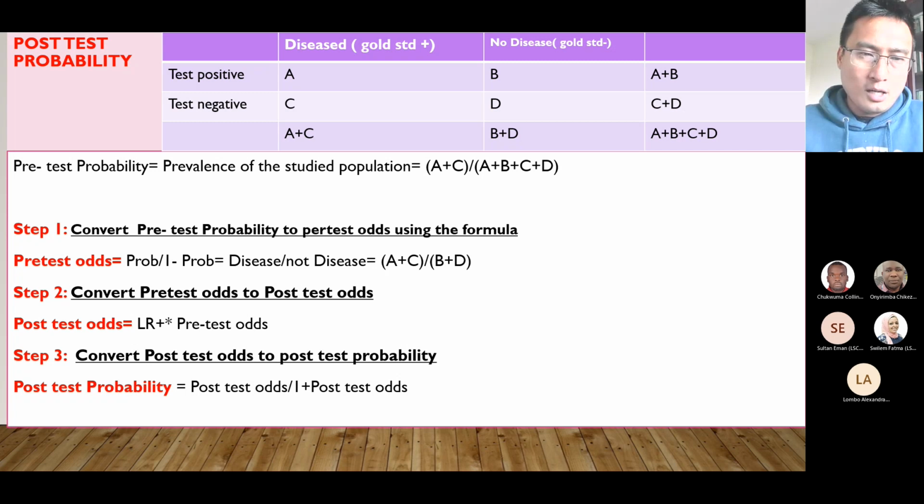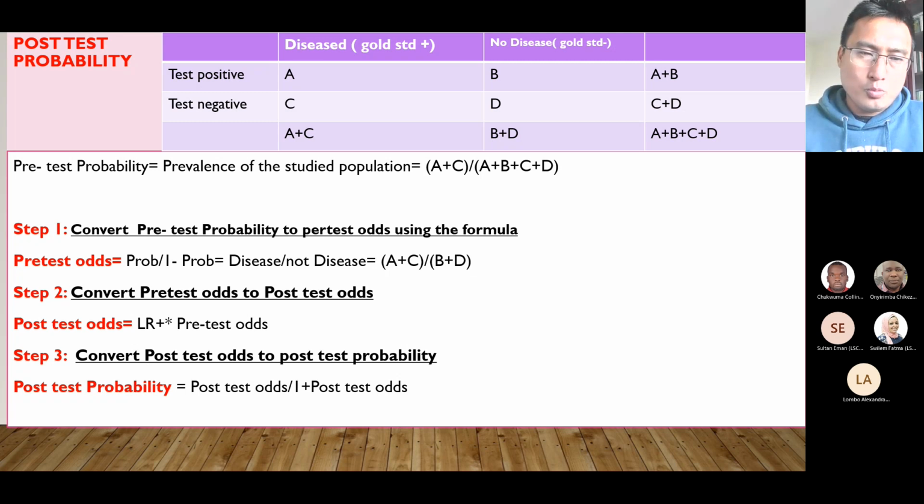So first of all, step 1 is you change to pretest odds. The formula for pretest odds is probability divided by 1 minus probability. Whatever you have got over here, you put that number here. After the pretest odds, you convert the pretest odds to post-test odds.